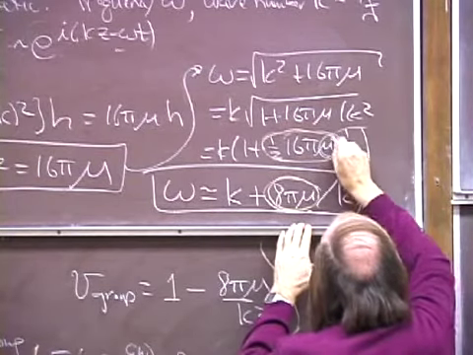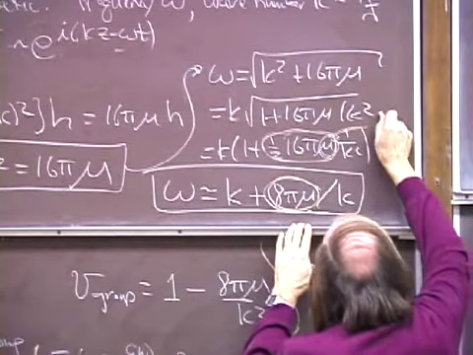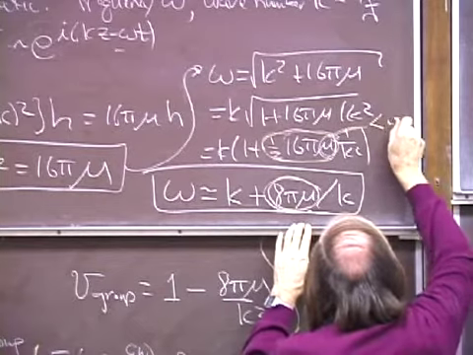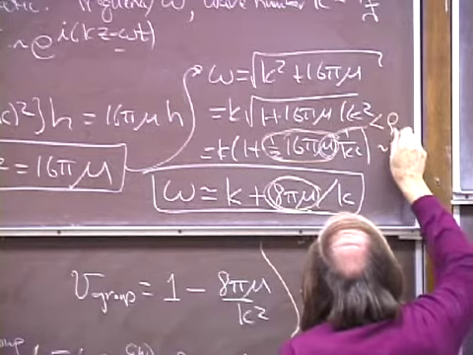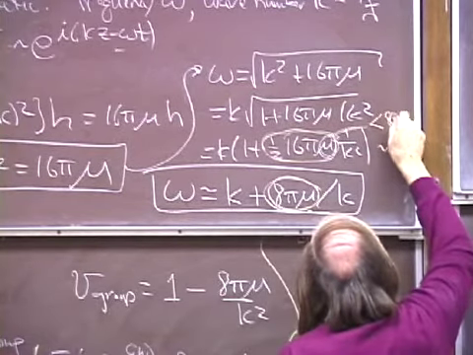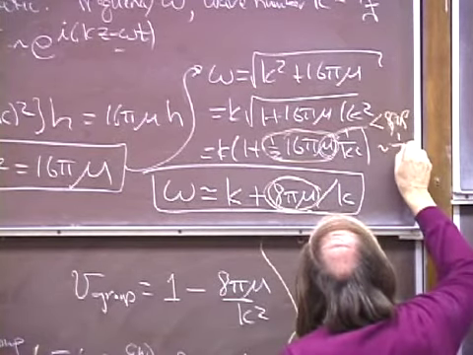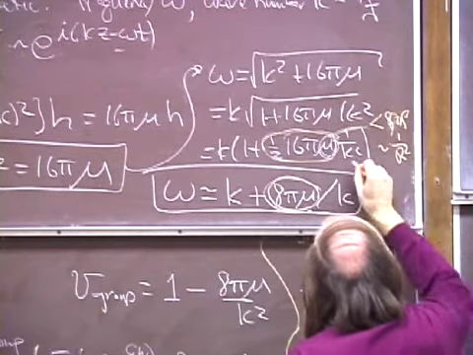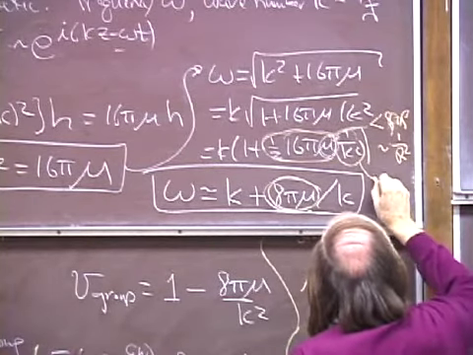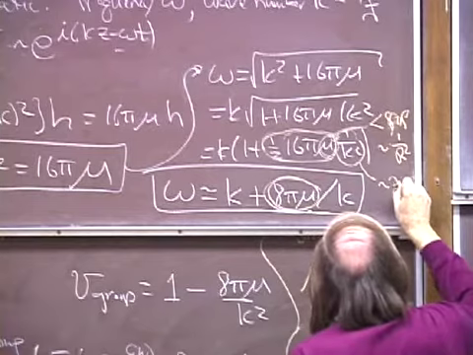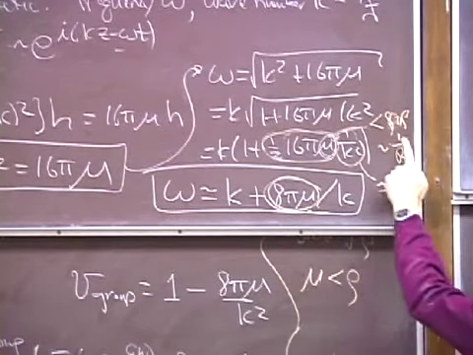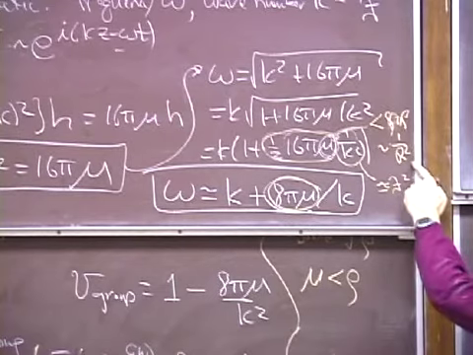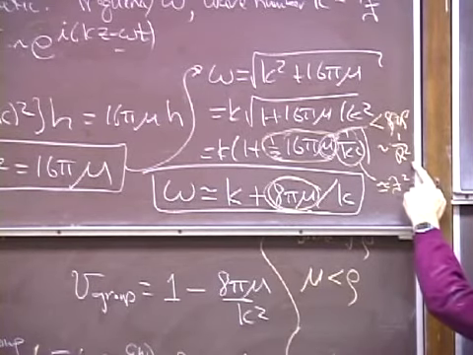One half times 16 pi mu is less than rho, which is less than 8 pi rho, which is of order 1 over r squared. And 1 over k squared is equal to lambda bar squared. So this is lambda bar squared over r squared, which is the thing that has to be small compared to 1 in order for these to be waves.